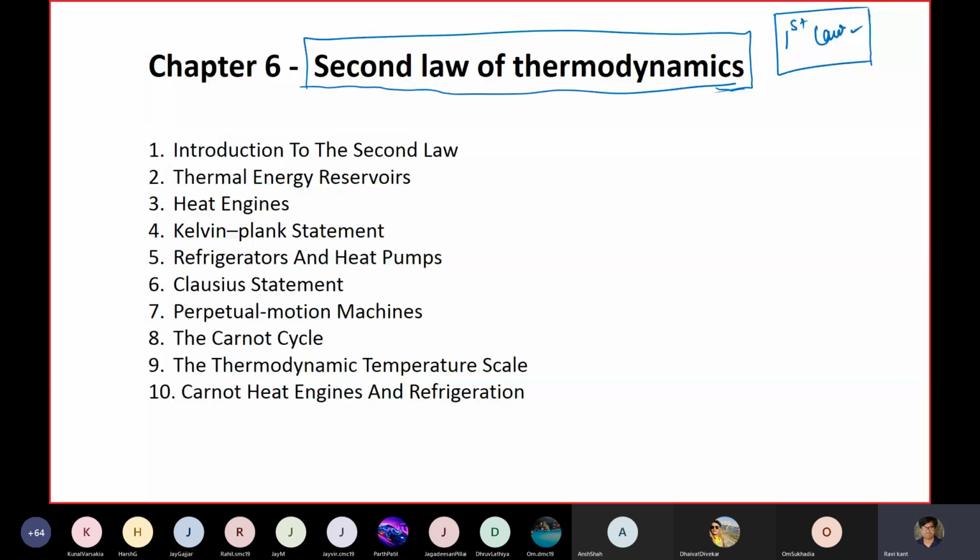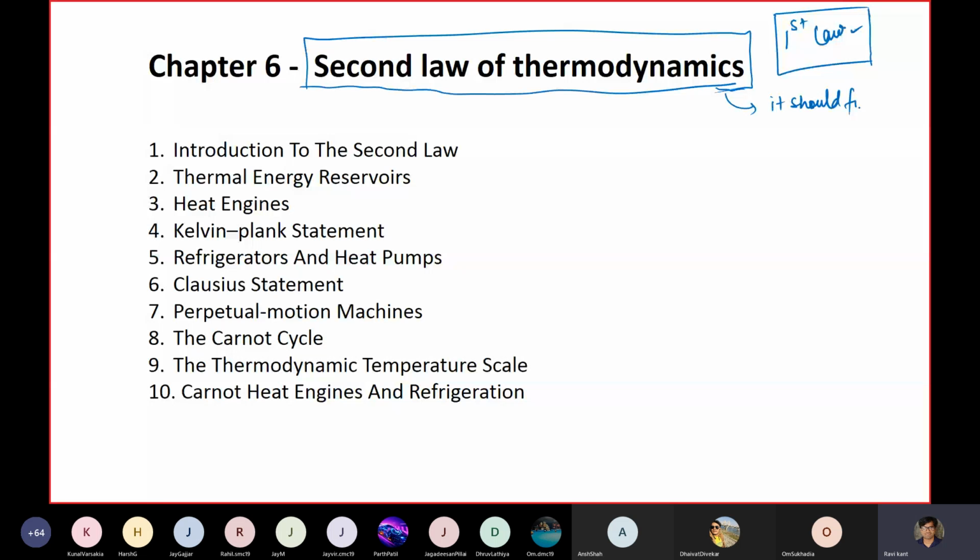In general, for a process to happen, it should follow not only the first law, it should follow both the first and second laws. Okay, so this is also a crucial thing to discuss.